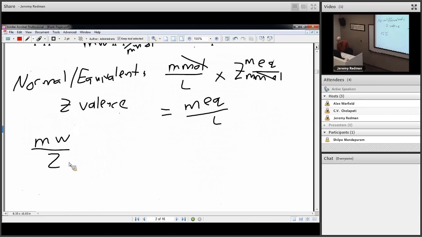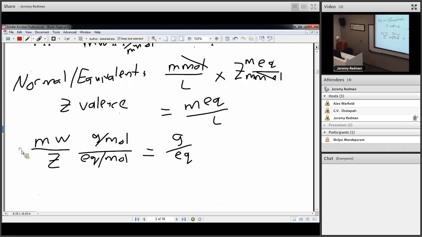The molecular weight divided by its valence has units of grams per mole divided by equivalent per mole. That's going to have units then of gram per equivalent. And this expression, molecular weight divided by Z, is what we call the equivalent weight.